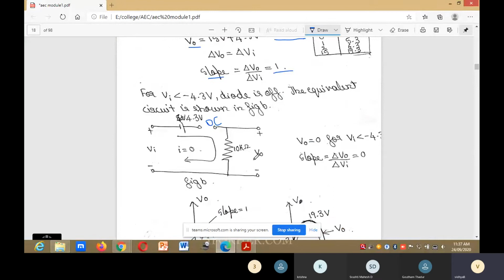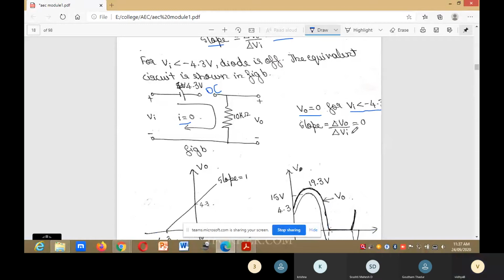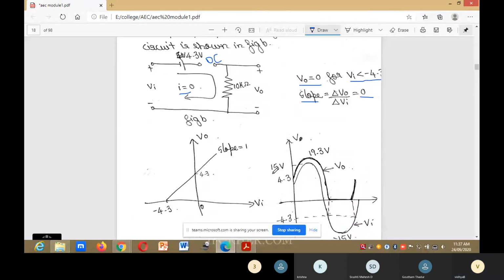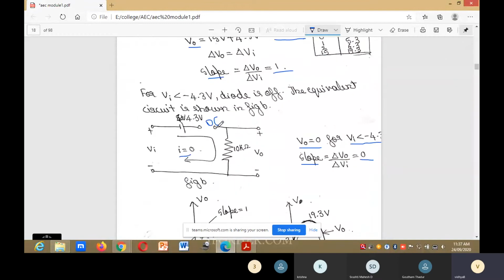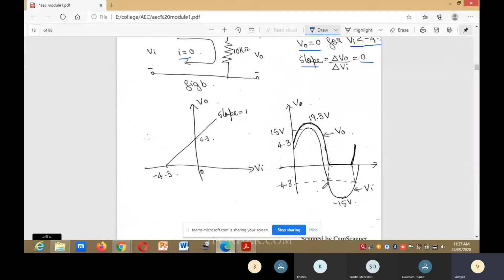V naught equals 0 because I equals 0; no current will flow, so the output is 0 for the condition Vi less than minus 4.3. That means the slope is 0. Next, for these two conditions, Vi greater than and Vi less than, draw the output waveform and transfer characteristics.